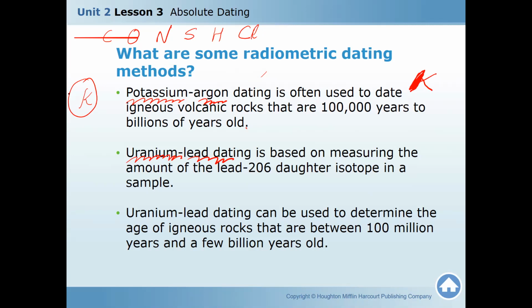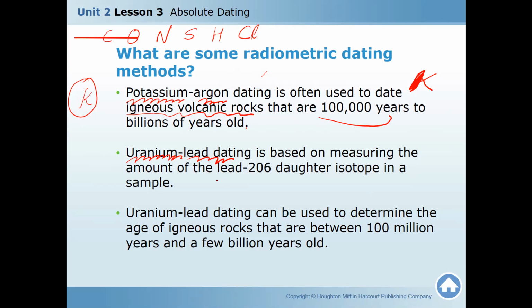When I have an igneous rock that doesn't have sediments, I mean doesn't have fossils, and I want to measure igneous rocks that are 100,000 years to billions of years old, I go with potassium-argon dating.